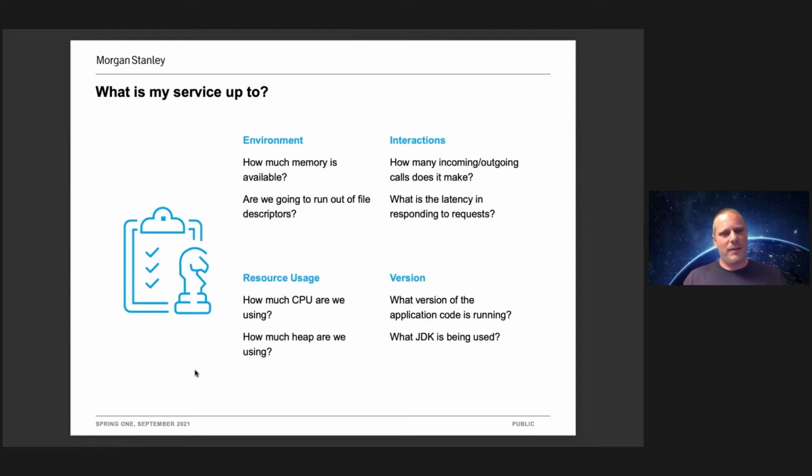But right now, we shouldn't care actually where our services are running, but we still require the information regarding what are the resources and what are the interactions it is doing.